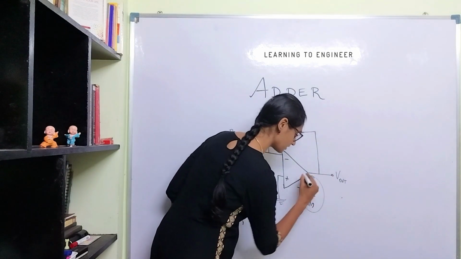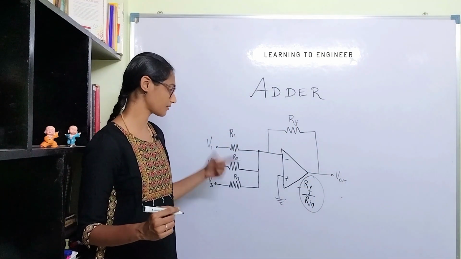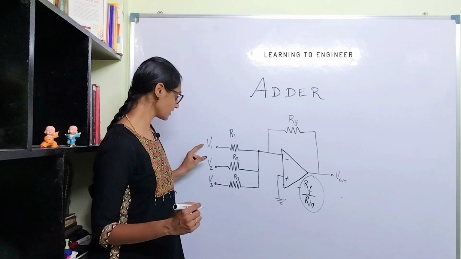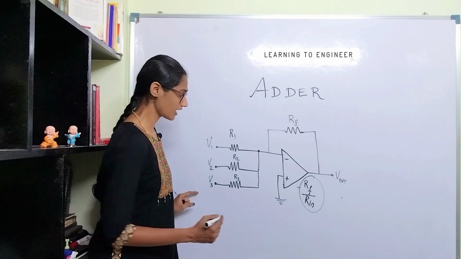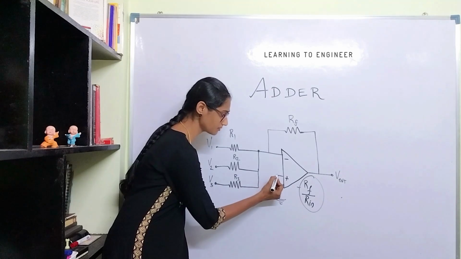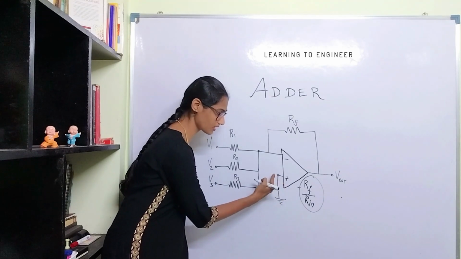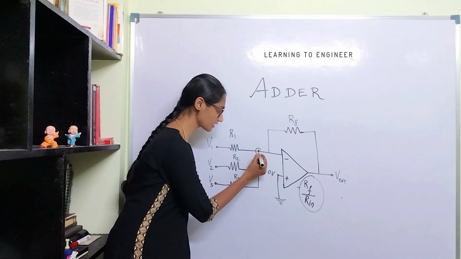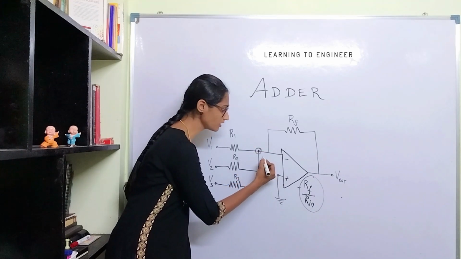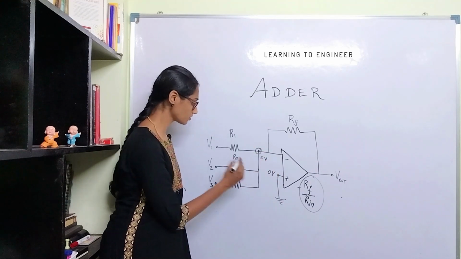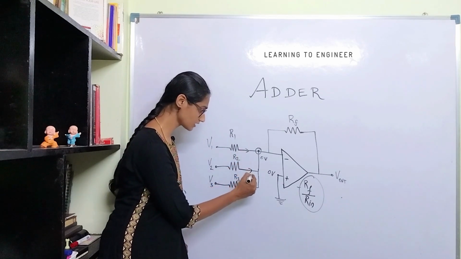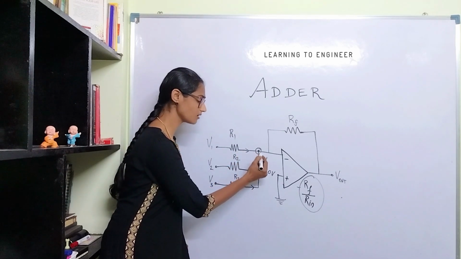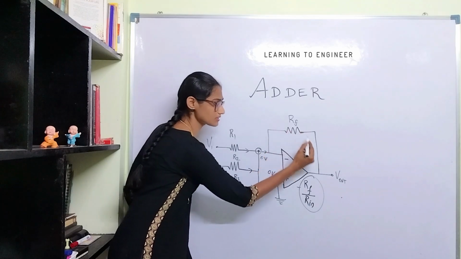So this is the gain of this amplifier, and since we have three input voltages and by the virtual ground concept, here if the voltage applied is 0 volt, this is tracked by the negative terminal also, hence there will be a 0 volt.